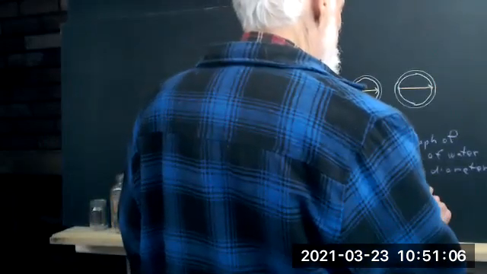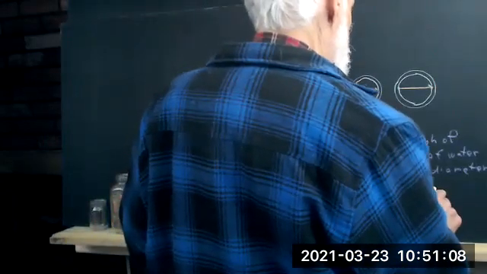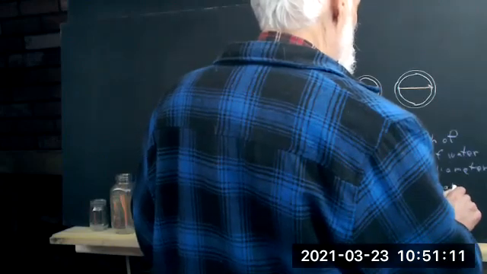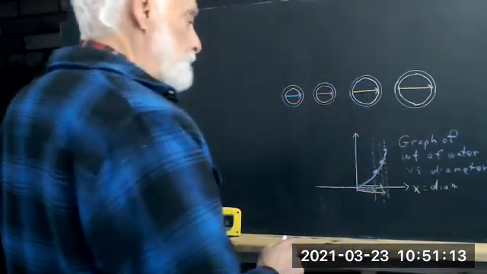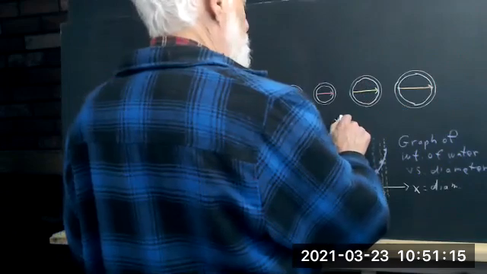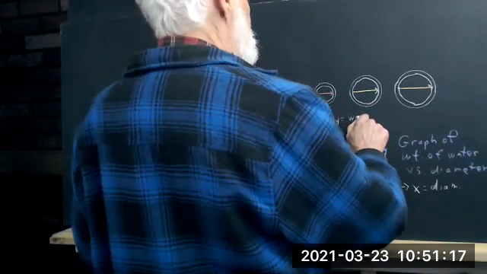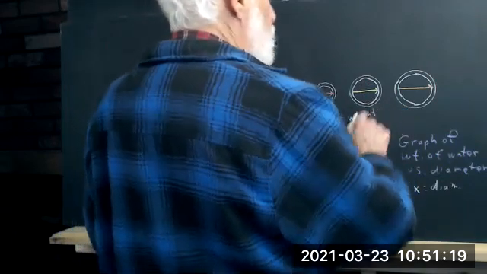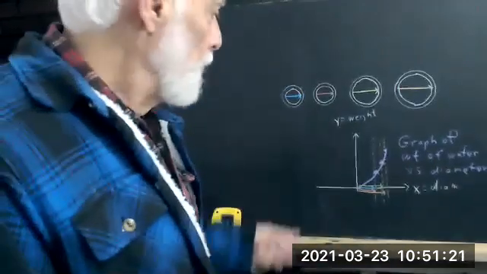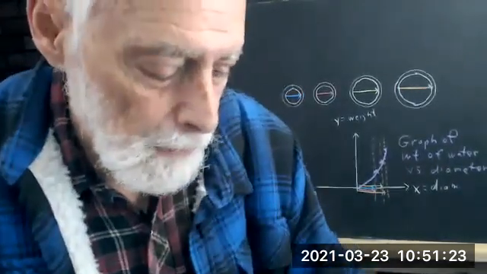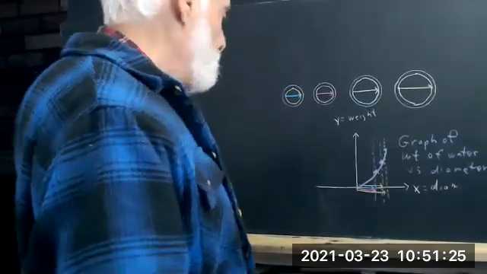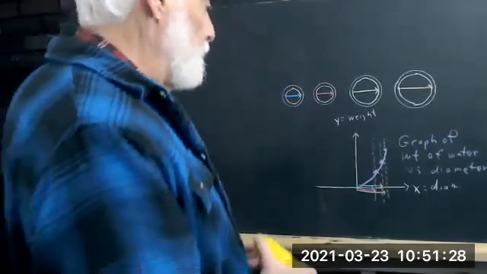So here's x equals diameter, and here's y equals the weight of the water. Now these have units, but we're not going to worry too much about that yet. Well, we will soon enough.